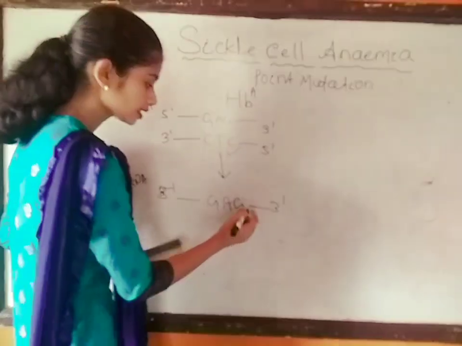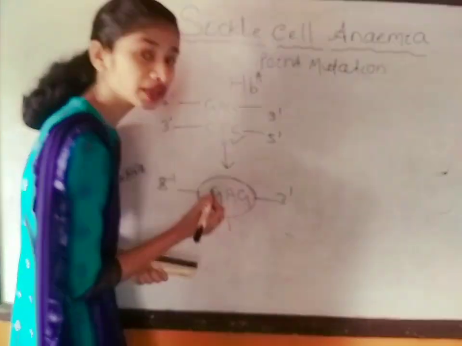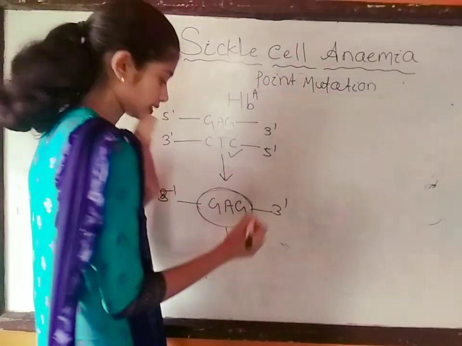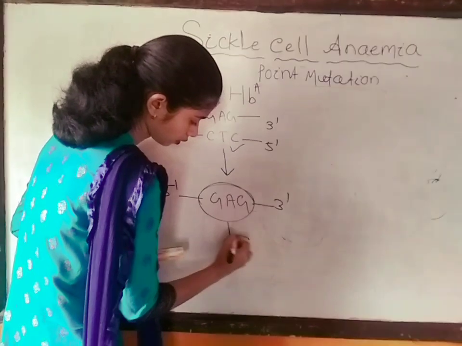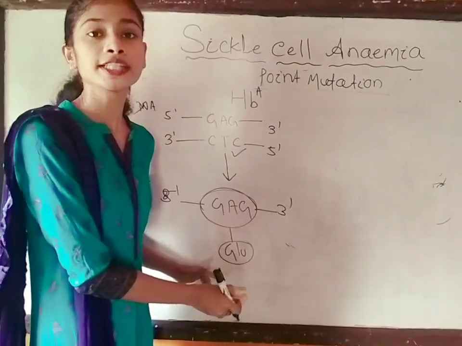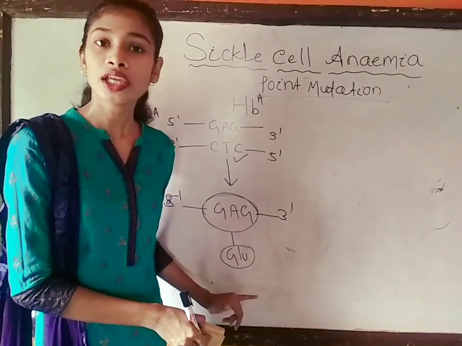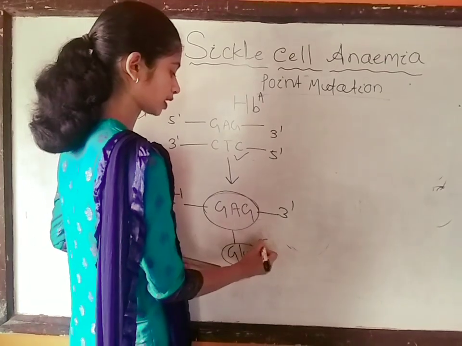This mRNA codon will code for an amino acid, that is glutamic acid. This glutamic acid is present at the 6th position of the beta globin chain of hemoglobin.